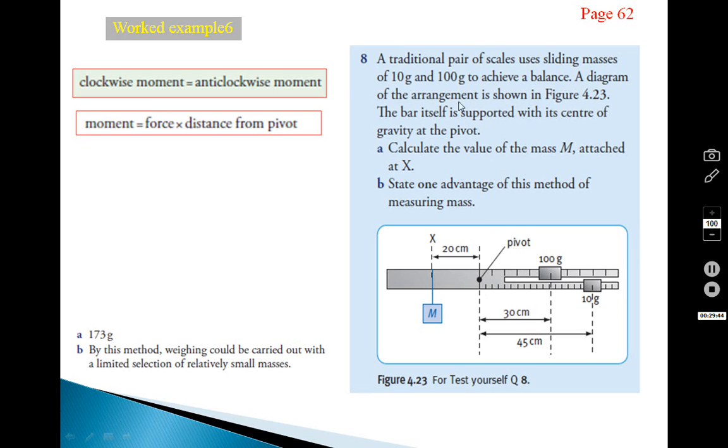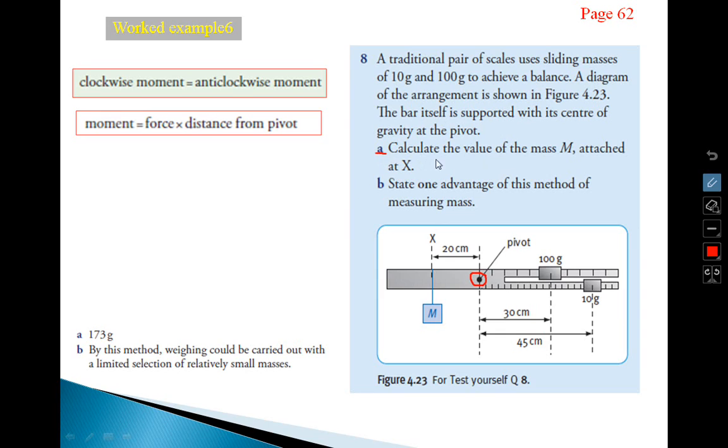A diagram of the arrangement is shown in figure 23 on page 62. The bar itself is supported with its center of gravity at the pivot. It's here, so the center of gravity is supported here.